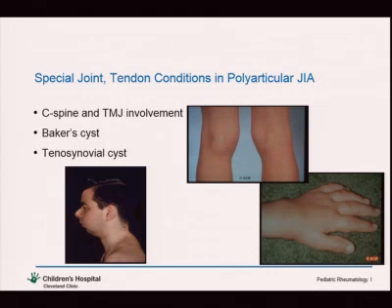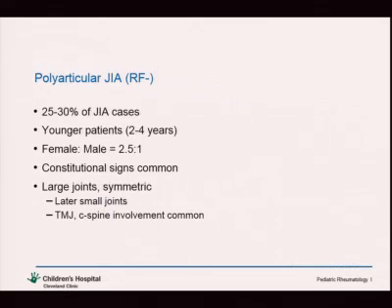And then tenosynovial cysts occur when patients get tenosynovitis, so not just synovitis in the joint, but within the tendon sheath of tendons, and then you get these kind of cystic patterns, and the picture is trying to point out the swelling there that's next to the MCP joints.